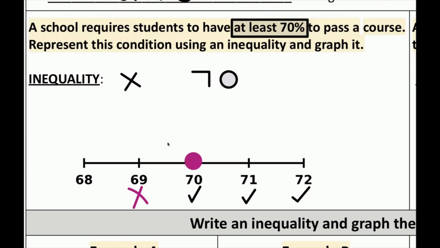And we're going to shade towards all of the numbers that are solutions. So that means our inequality is x is greater than or equal to 70 because x could be 70. X could also be 71, 72, or any number that is equal to 70 or greater than. So it helps to test different conditions to figure out what your inequality should be.